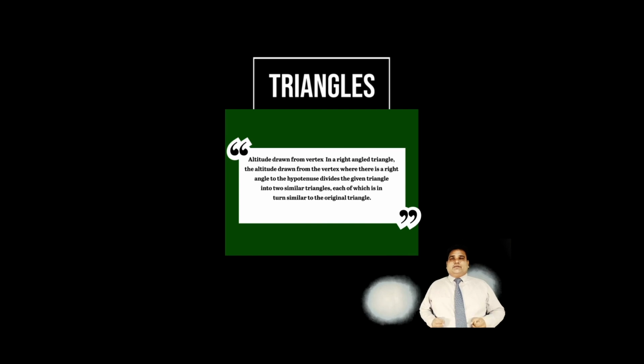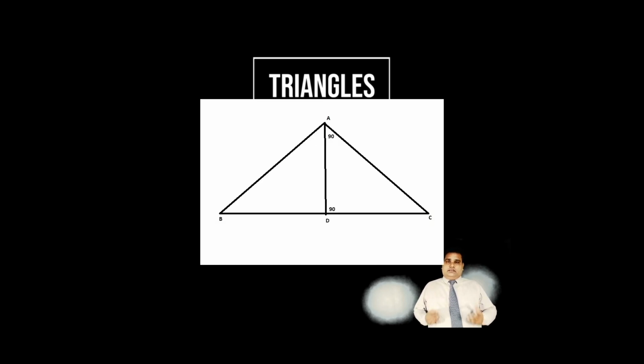When we draw the altitude AD, it divides the triangle into two triangles, and not only are these two triangles similar to each other, they are also similar to the original triangle. So triangles ABD, ADC and ABC will be similar. All three triangles will be similar.